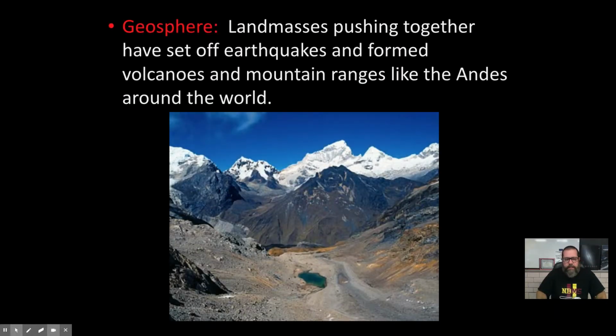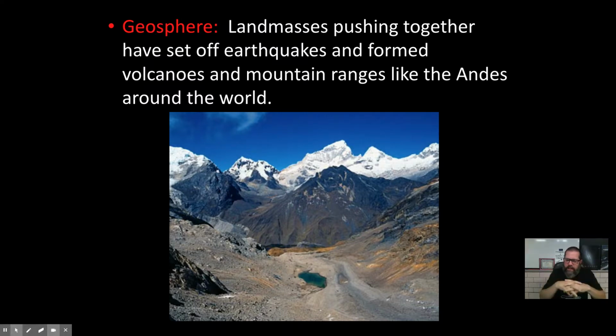Another good example would be land masses pushing together as continents drift, and they move. Earthquakes are set off, and volcanoes are formed in these tectonic plate boundary areas.